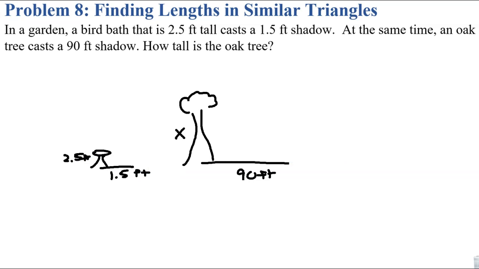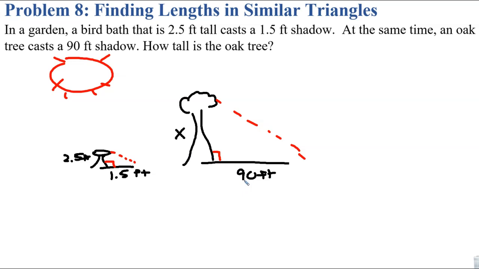And I'm going to say we can use similarity to figure this out, and here's the reason why. The shadows are made by the sun hitting the top of the figure and coming down to the end of the shadow, making triangles. I'm going to say both these triangles are right triangles.